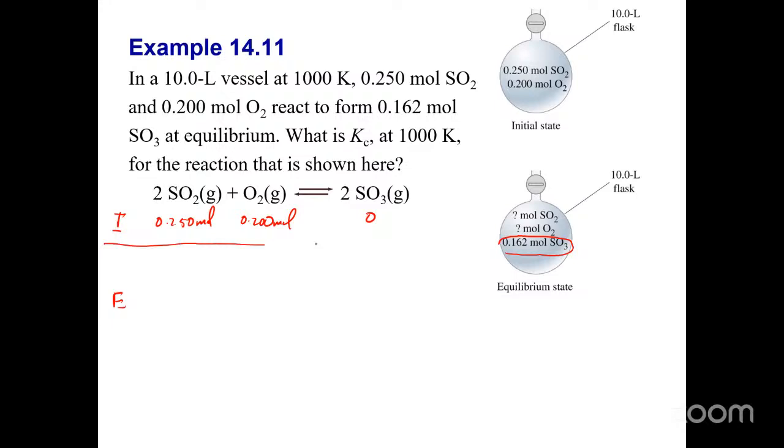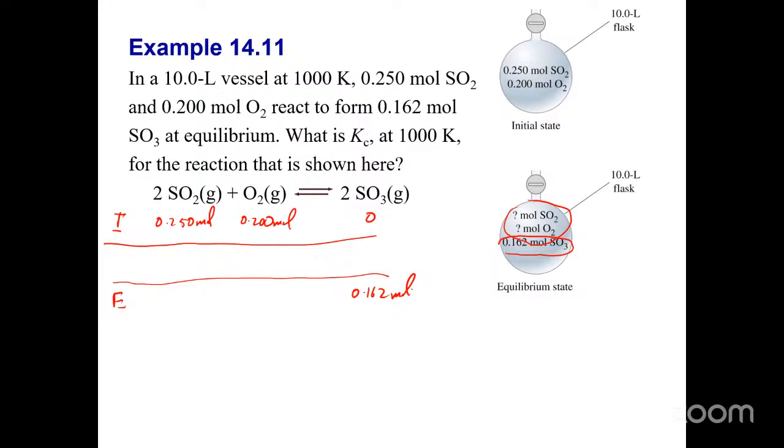Let me draw some lines here to make things clearer. At equilibrium, we have 0.162 moles of SO3. As you can see from the question signs here, what we need to find are the equilibrium amount of SO2, which we can write down here, and the equilibrium amount of O2, which is going to be written down here. So the question becomes, how do we find those values?